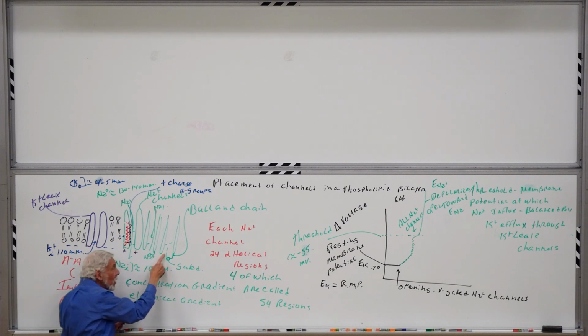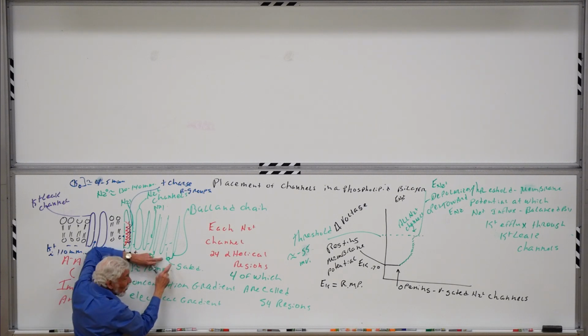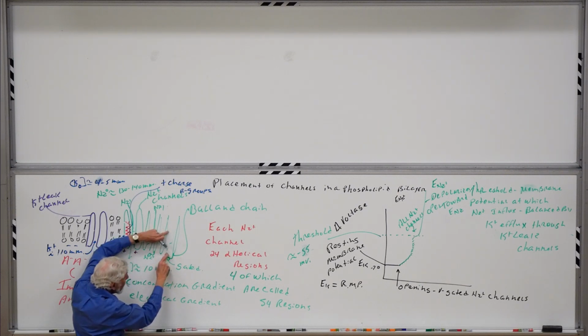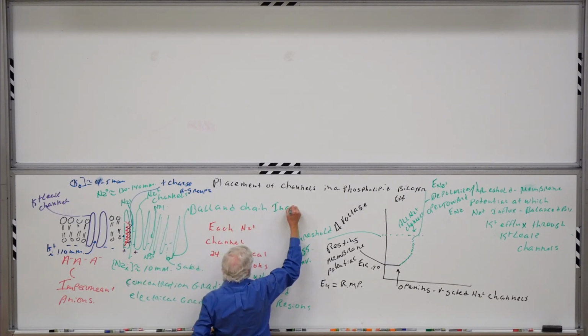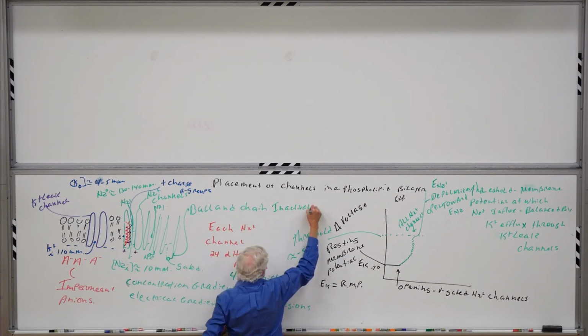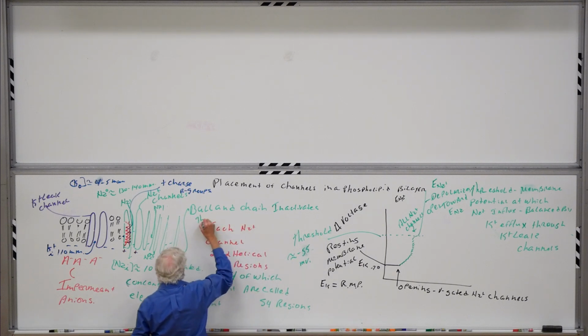But conceptually, if you imagine there's something down here on the cytoplasmic side of the protein, so that after the gates open, within a matter of a fraction of a millisecond, something changes on the cytoplasmic side that you basically block the channel. That will do. So we can say that the ball and chain inactivates the sodium channel.